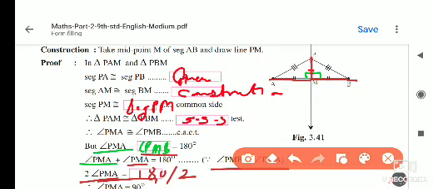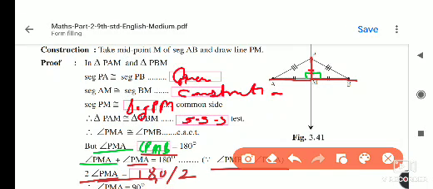So from this, what we are understanding, what we had done: we showed these two triangles PMA and PMB are congruent to each other by the SSS test. Once they are congruent, we have to show by CACT that PMA and PMB are congruent to each other and they are also in a linear pair, and that's why their sum is equal to 180.